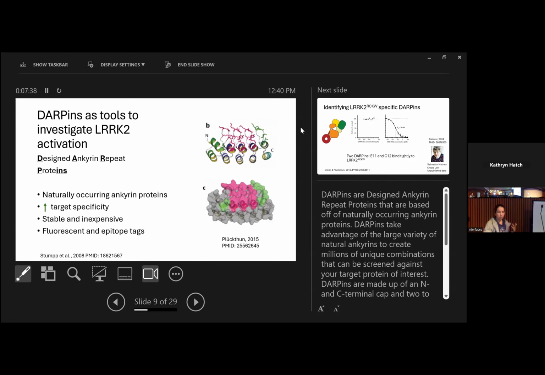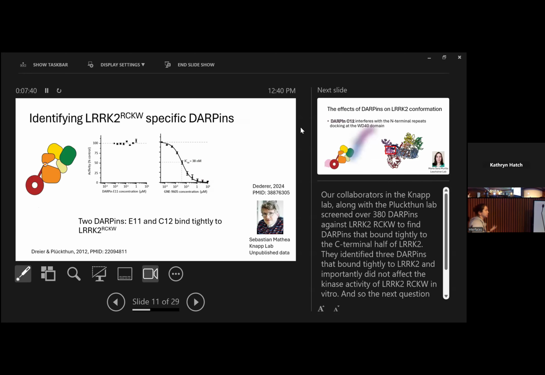And so we decided to start looking for DARPins that were specific to this RCKW domain, this more interesting catalytic domain of LRRK2. And we ended up with two DARPins, E11 and C12, that had high specificity for the LRRK2 RCKW.